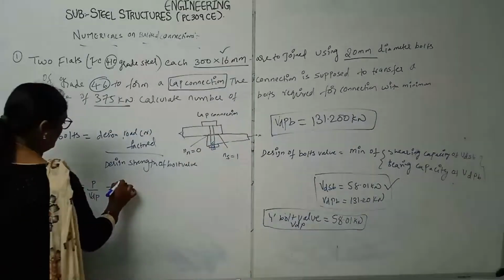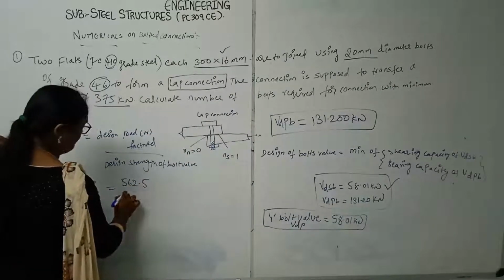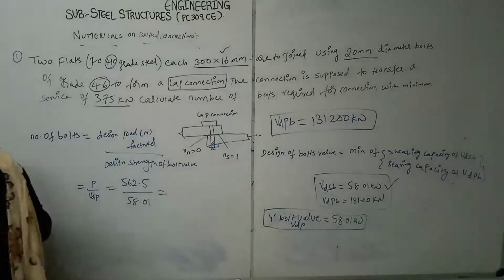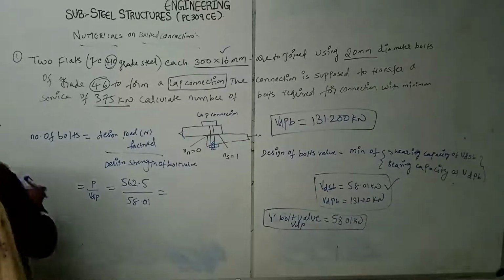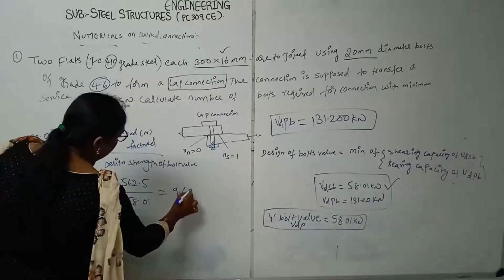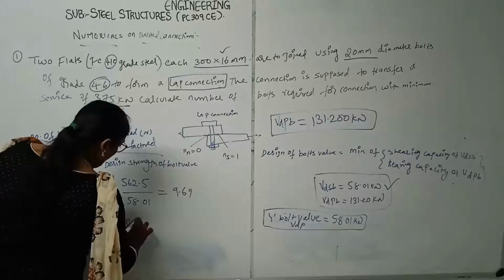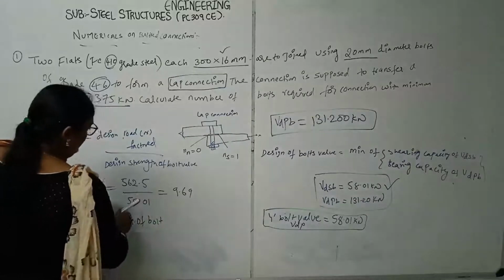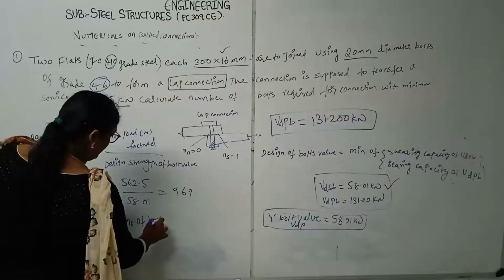What was the load? 562.5 kilonewton by 58.01. Here kilonewton and kilonewton both get cancelled and we get a number.